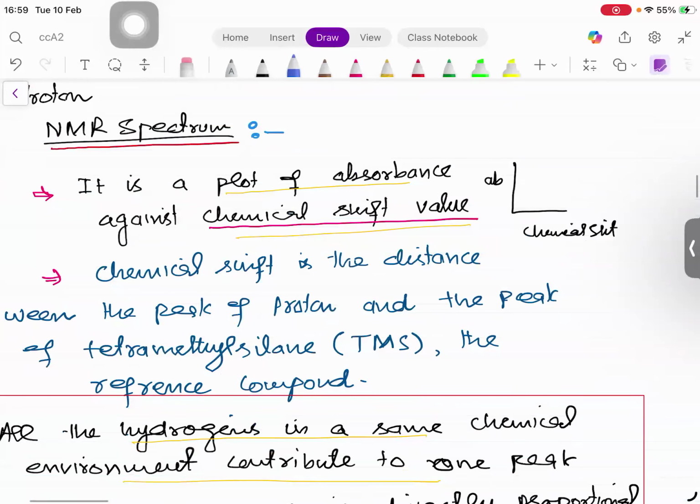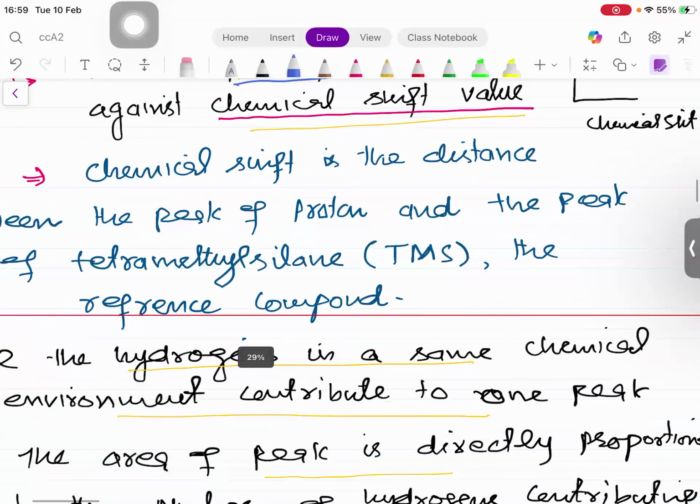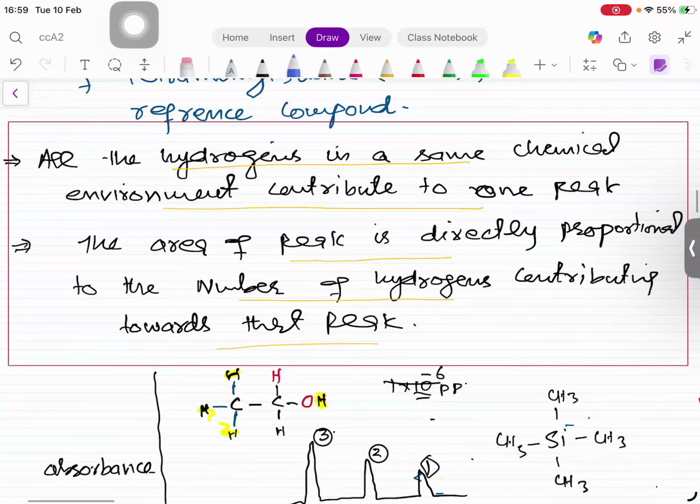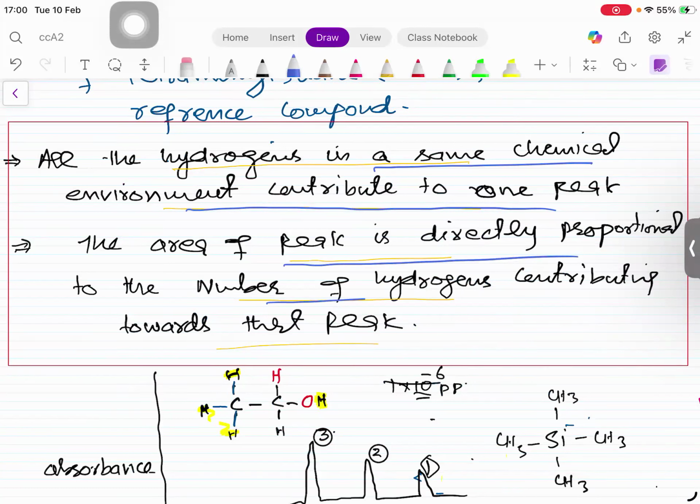All the hydrogens in the same chemical environment contribute to 1 peak. The area of the peak is directly proportional to the number of hydrogens contributing towards that peak.